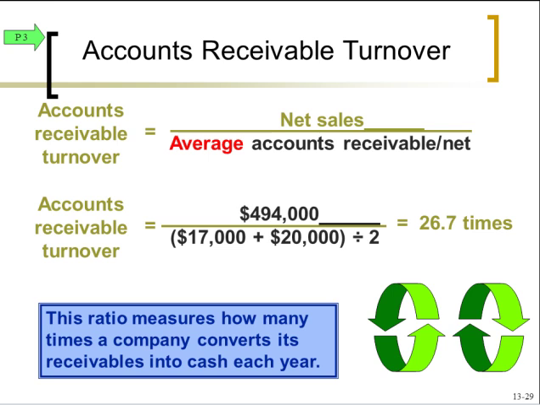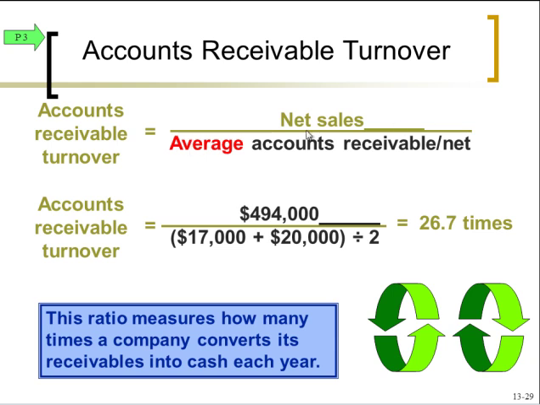The next ratio we have here is the accounts receivable turnover ratio. This ratio tells us how efficiently we are collecting our accounts. The fact that we allow customers to pay on account helps us generate more sales. By giving customers flexible options, we're getting more sales. But we need to make sure we collect them.